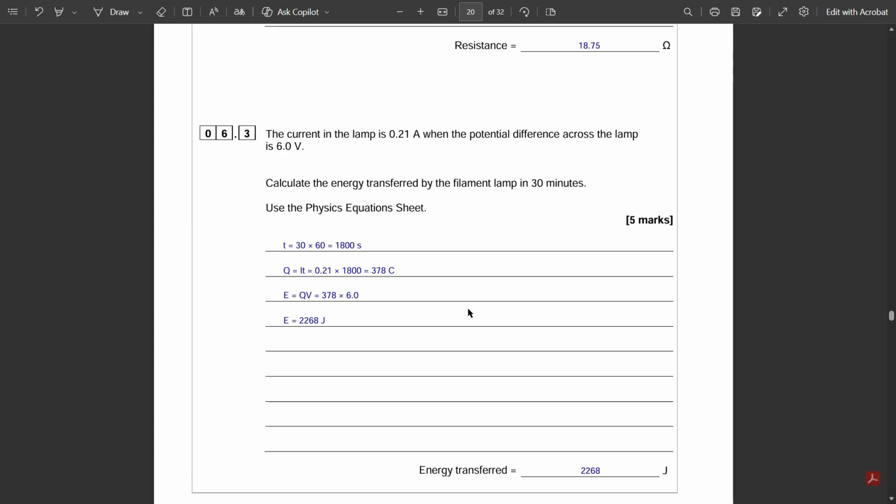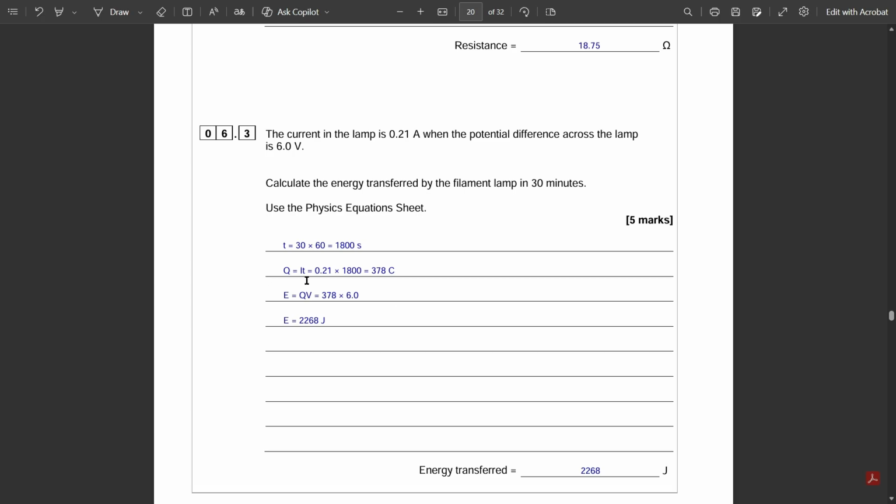And then there's another question. The current in the lamp is 0.21 amps when the potential difference across the lamp is 6 volts, and we're meant to calculate the energy transferred by the filament lamp in 30 minutes, and we're meant to use the physics equation sheet. Well, the time is 30 times 60, because 30 minutes, we want it in seconds, it's 1800 seconds.